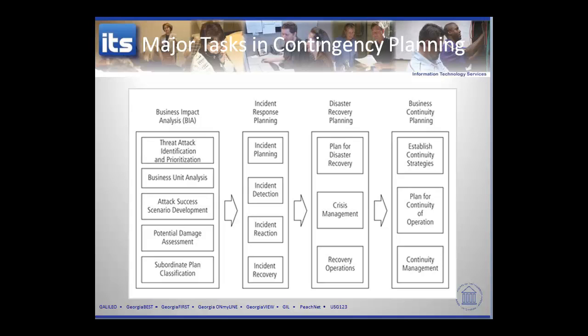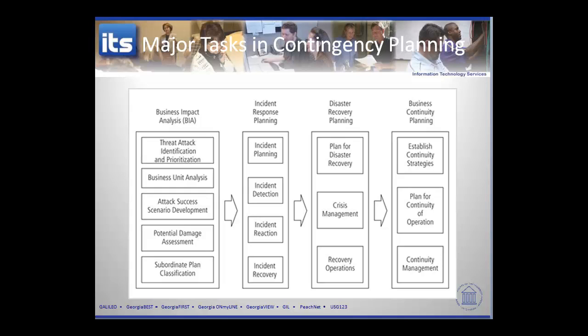That's where you're looking at what the bad guys and girls could possibly do, what's the potential damage against you, and then building some subordinate plans. What would you do within the organization to handle that damage and respond to that attack, given your business unit and the possible threats that are out there.